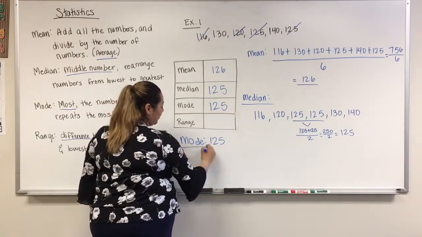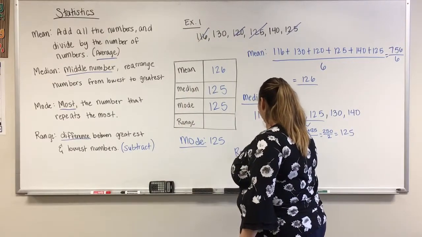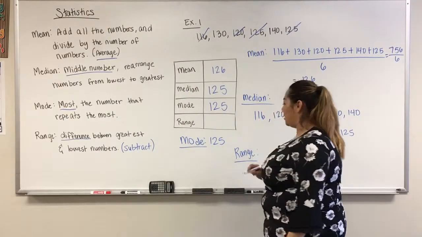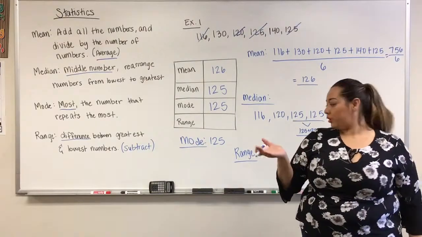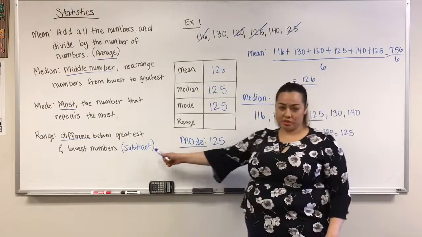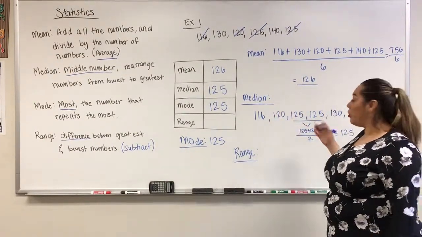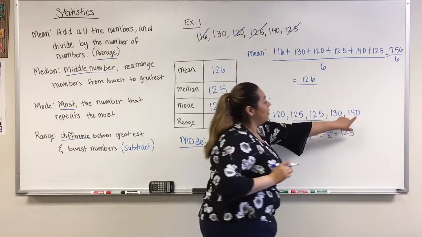And finally, the range. From our definition, the range is the highest or greatest number minus the lowest. It is the difference between those two, and the difference just means subtraction. So we're going to subtract. We already put them in order, so right here we have the highest one as 140.